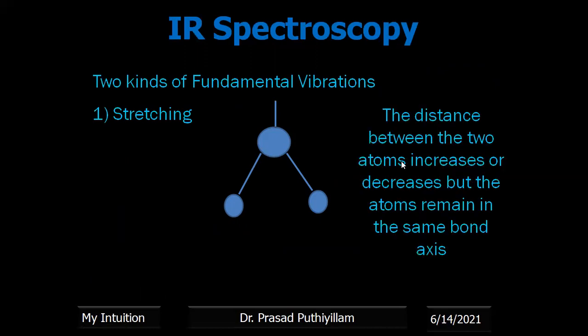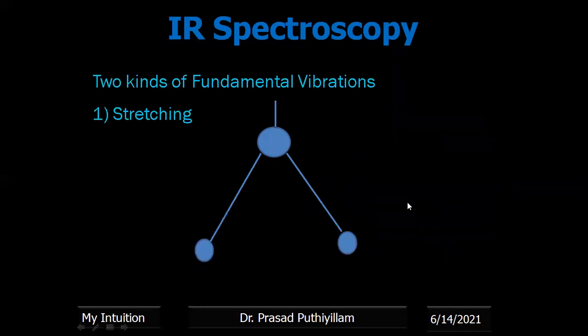Stretching means the distance between the two atoms increases or decreases, but the atoms remain on the same bond axis. The bigger one is the central atom, and the remaining two atoms undergo stretching vibrations, as represented here.